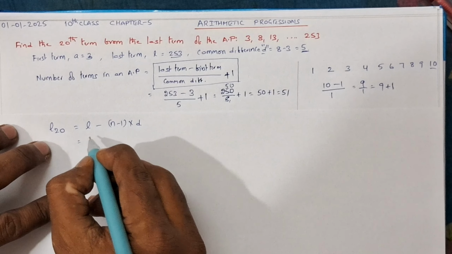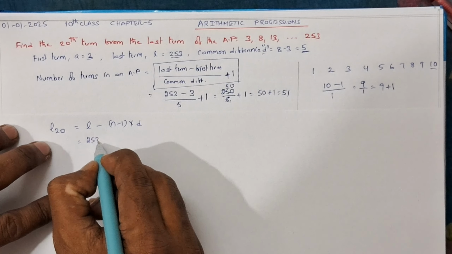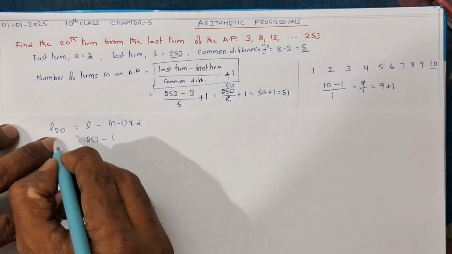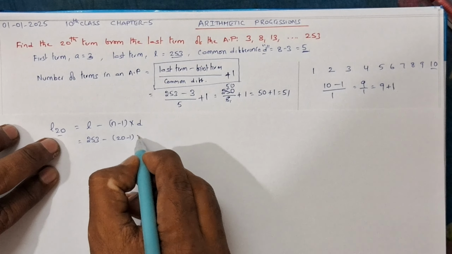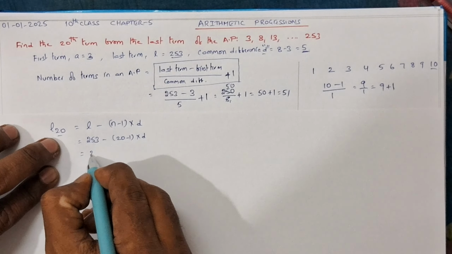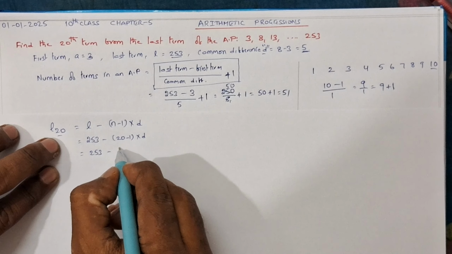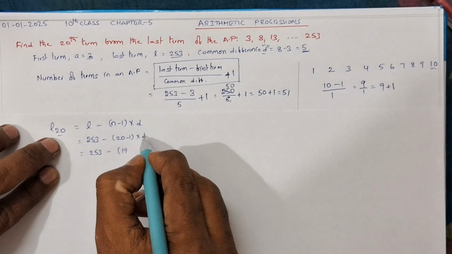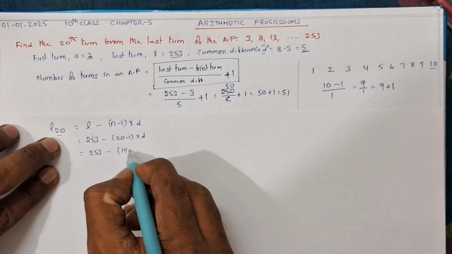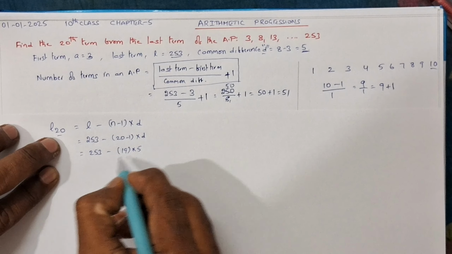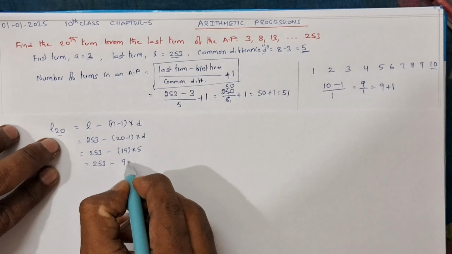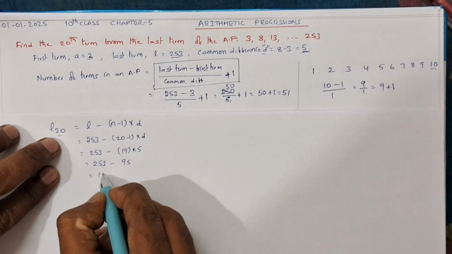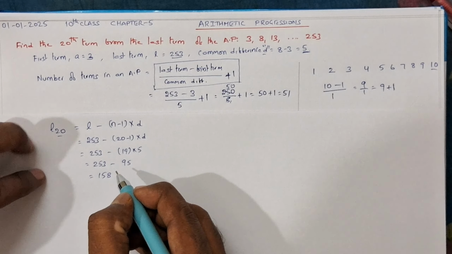Here L is equal to 253 minus (20 minus 1) into d. 253 minus 19 into 5. 253 minus 95, that is equal to 158.